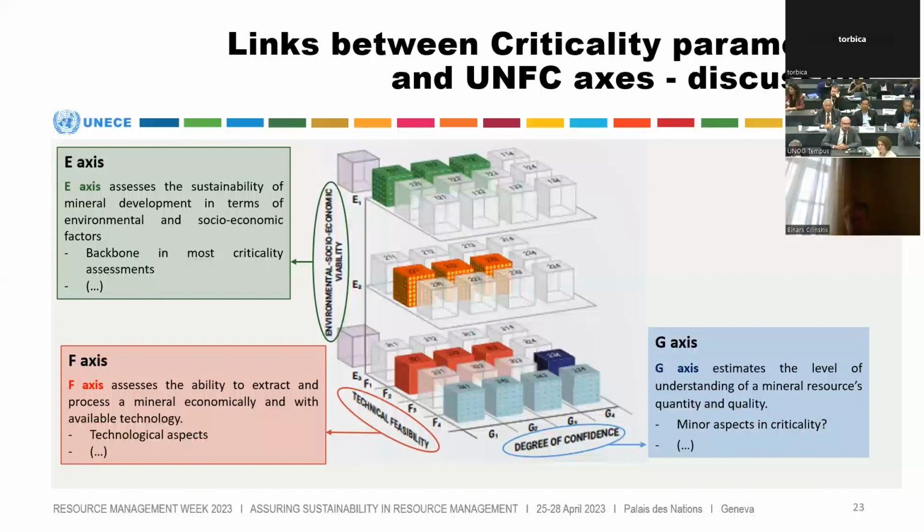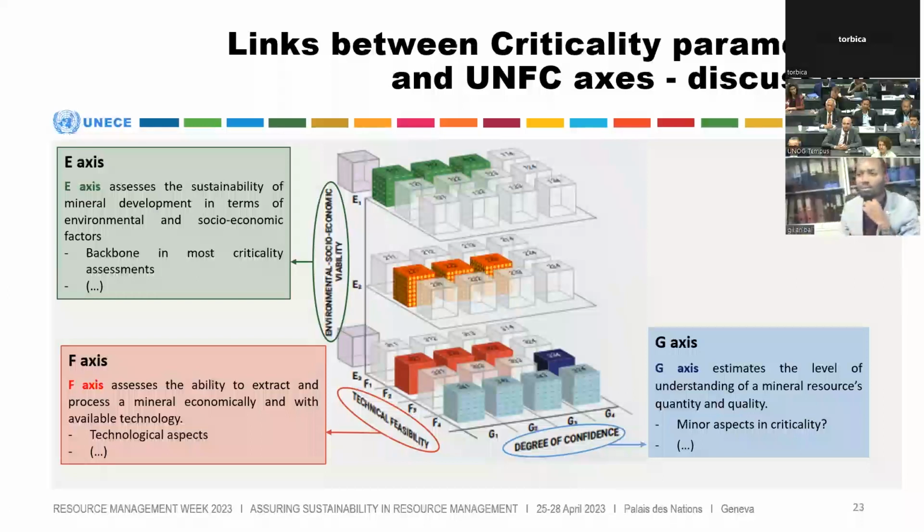It shows the comparison between the knowledge, which is the degree of confidence or the uncertainty that can be resolved in the future with more and more study, and the decision that has been made with the specific technical solution and the reflection of the socio-economic viability and the process. But both the E-axis and the F-axis are economically driven axes.